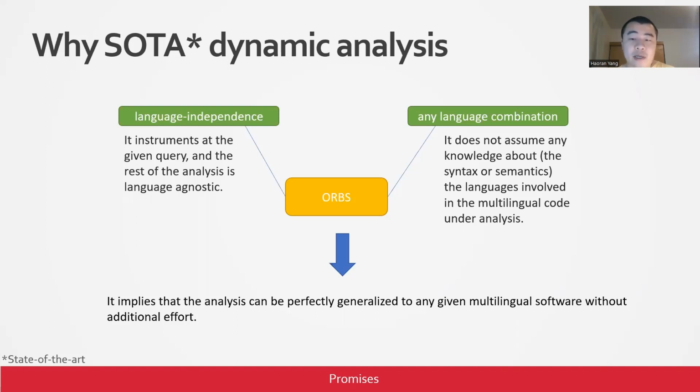First, ORPS instruments at the specified query, and the rest of the analysis is language agnostic, which means ORPS is language independent. Second, ORPS requires no prior knowledge of the languages included in the multilingual code being analyzed. This implies that the analysis can be used in any multilingual software without significant additional effort.